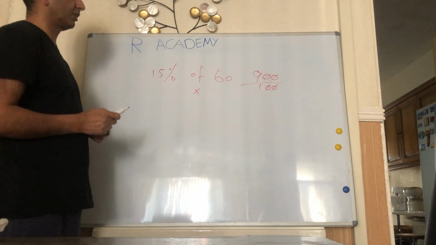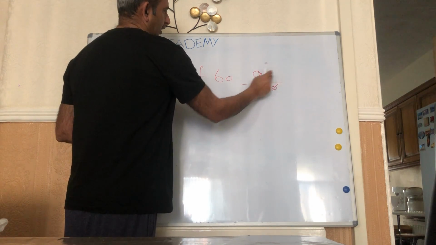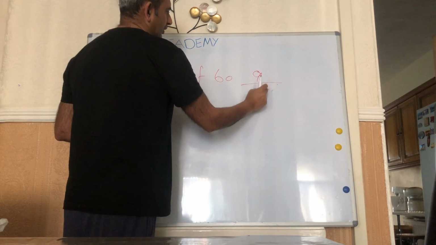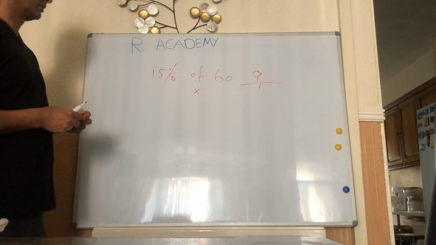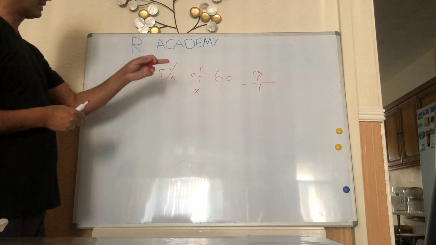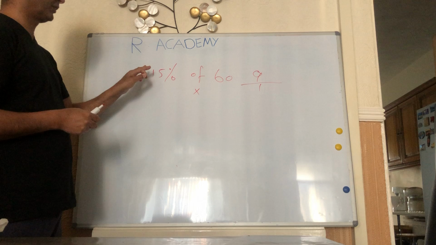You'd cross the zeros off or make them disappear if you've got a board like this, makes it easier. 9 over 1 is 9.